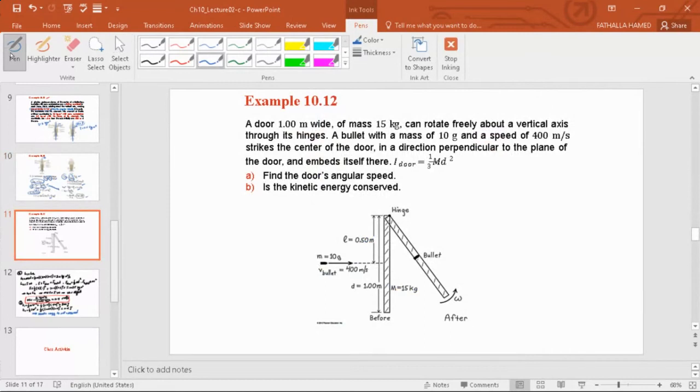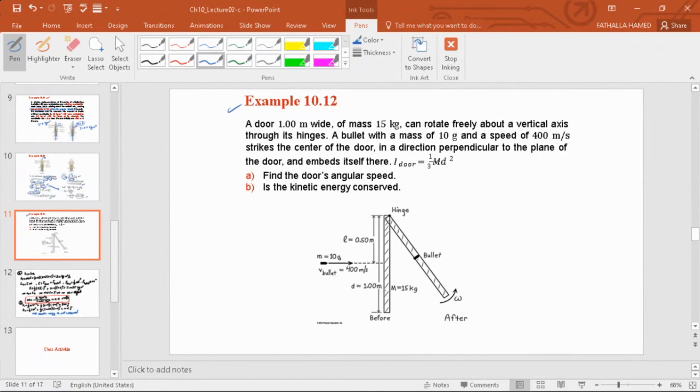Now, in chapter number 8, we looked at an example when we considered conservation of momentum of a bullet hitting a wooden block, and the wooden block basically swung like a pendulum, and from that we determined the speed of the bullet. What we're going to do here is something similar.